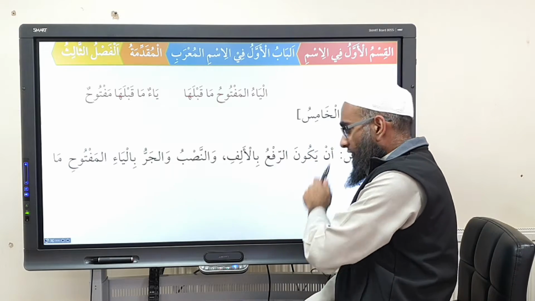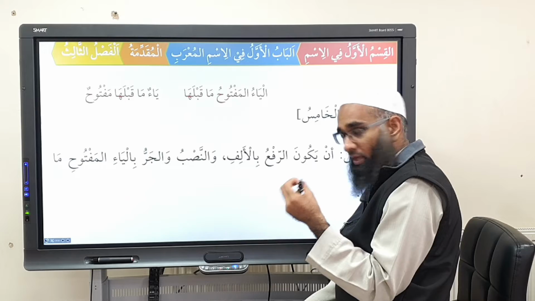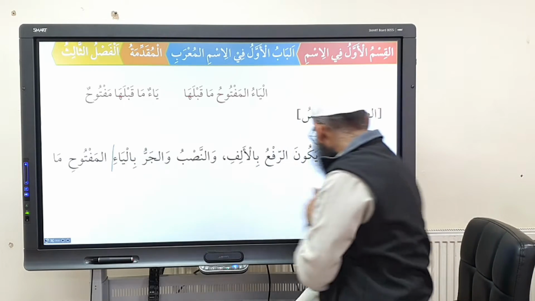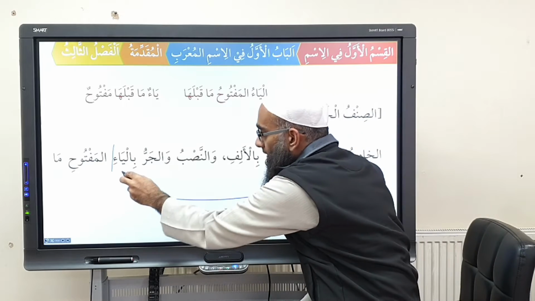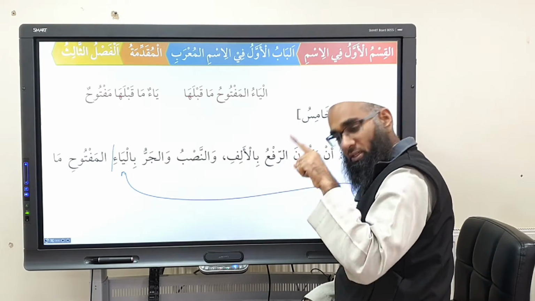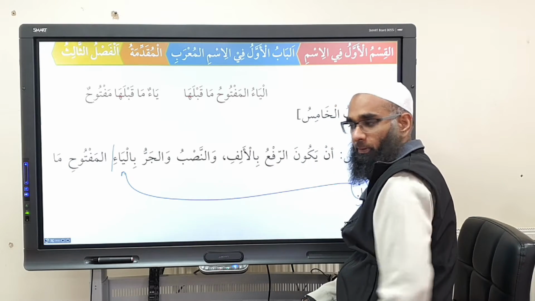Again, the fifth type of i'rab is that word which is marfu' with an alif, and mansoob and majroor with a ya. Join the pronoun ha with the ya, before which there is a maftuh, before which there is a fatha, or before which there is a letter with a fatha. Either translation will fit. Okay?